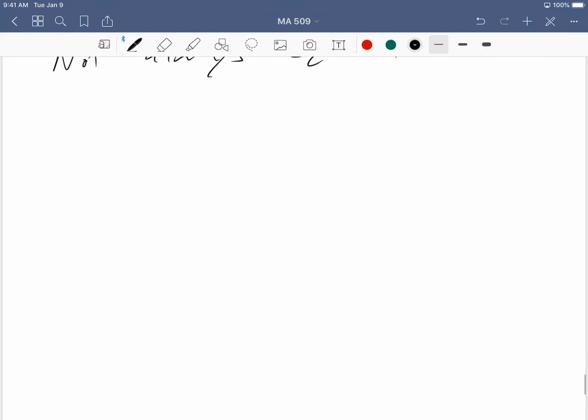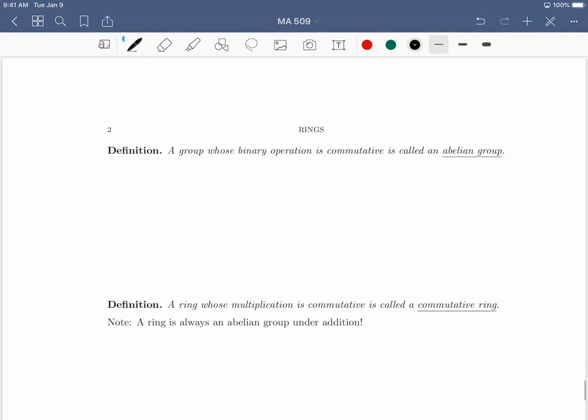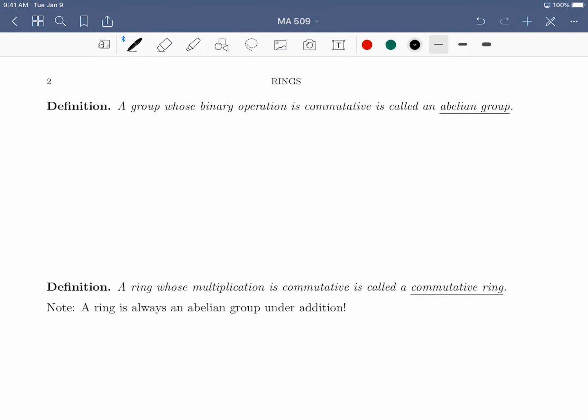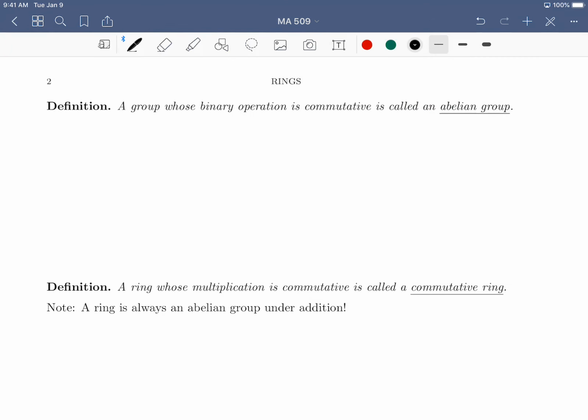And so because of this, we notice that in the definition of ring, we did not demand any kind of commutativity of multiplication. When we do have that, it's a very special thing. And so we have this new definition we haven't seen before. If we have a group where the binary operation is commutative, it's called an abelian group.